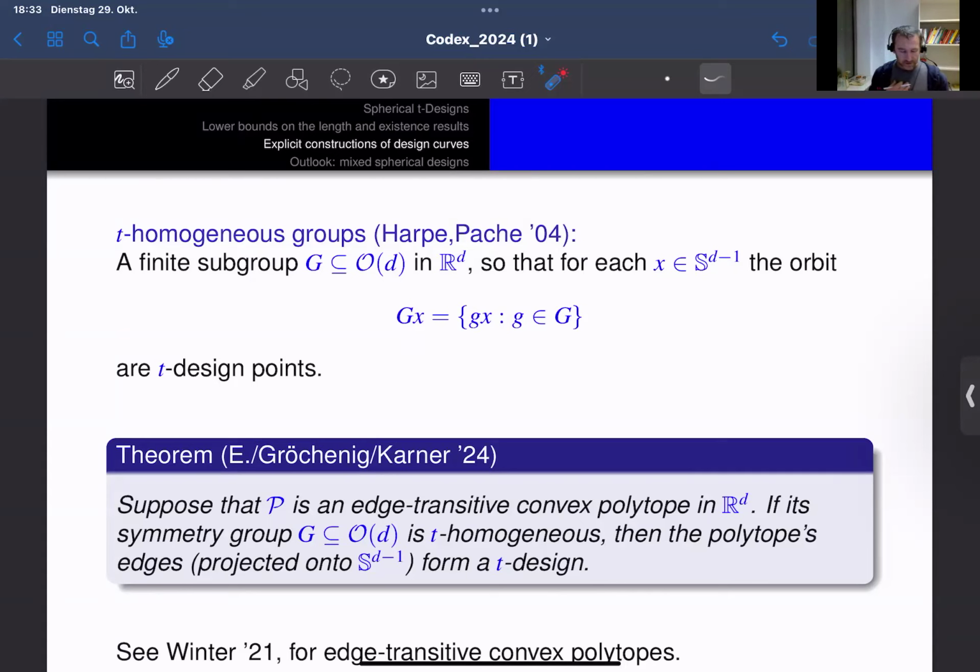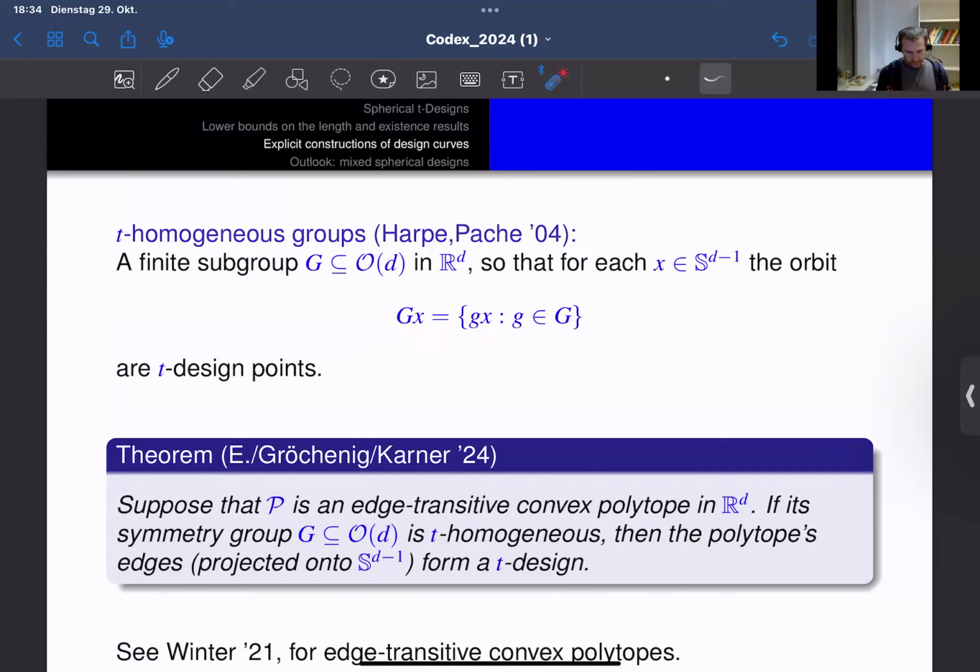It says, if we take a finite subgroup of the orthogonal group in R^d, I call this a t-homogeneous group if I can take any x on the sphere, consider the orbit under the group, and get t-design points, no matter which x I start with.